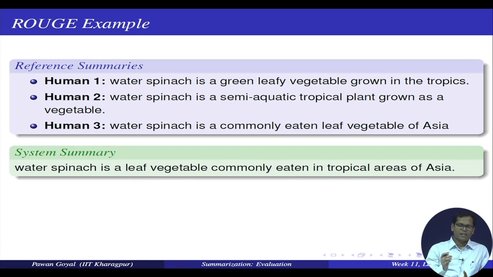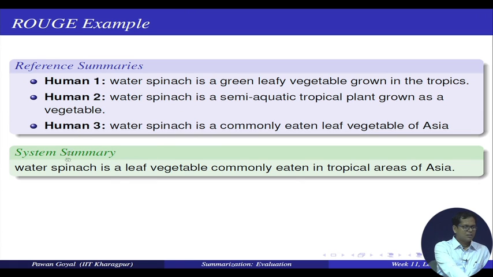Now what will be my numerator? So the numerator would be how many bigrams are common from the system summary to each of these. So let us see system summary and human 1. What is spinach is common, 1. Spinach is, 2. Asia, 3. Then that's all. So there are 3 bigrams common between the system summary and human 1. System and human 2: what is spinach 1, spinach is 2, Asia 3, and then nothing else, no other bigram occurs in both. So plus 3.